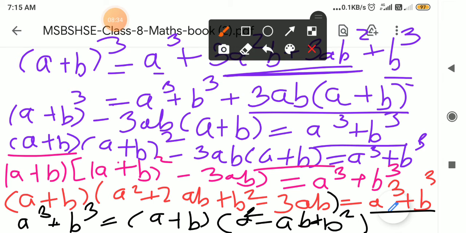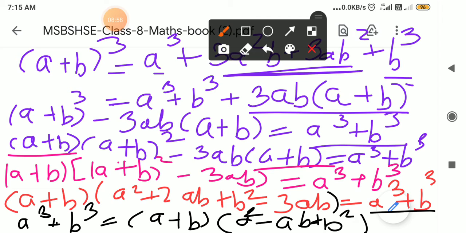In the exam they are not going to ask you all this. The only important thing is this black colored formula that we have to apply for solving or factorizing the examples. Clear? So what is important here? a cube plus b cube is equal to (a plus b)(a square minus ab plus b square).